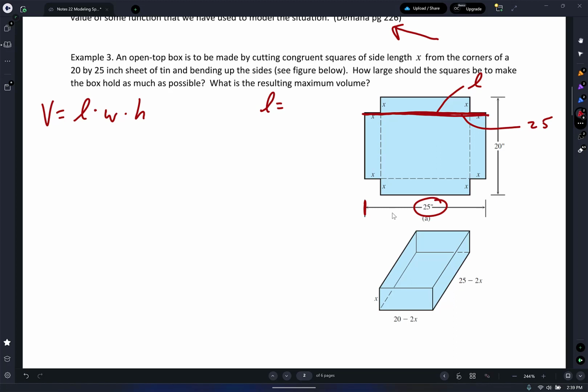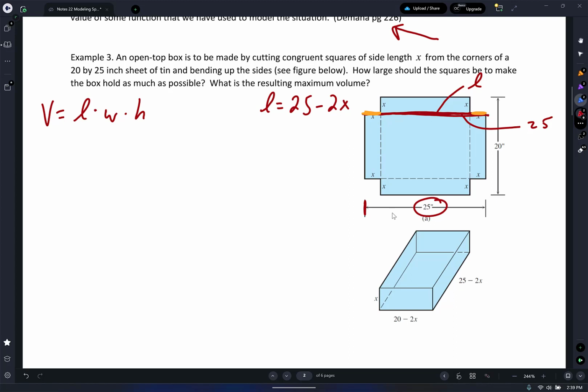Yes or no? Now notice if you cut this little piece, that's an X, and you cut this little piece, that's an X, then I no longer have 25. What did you just cut out? You cut out 2X. So the expression for L of this box is going to be 25 minus 2X. Do we see how we did that, guys?